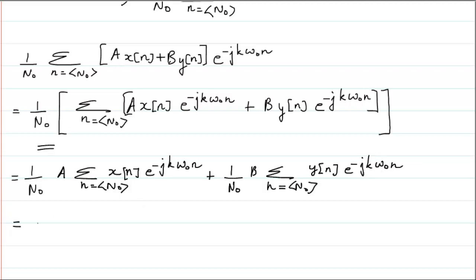The first part, that means 1 by N naught and this summation, is basically the discrete time Fourier series of x of n, which we will write as X of k, and since we are multiplying it with a, capital A is the constant, and the second part b multiplied with the DTFS of y of n, which I will write as Y of k. Hence it is proved.